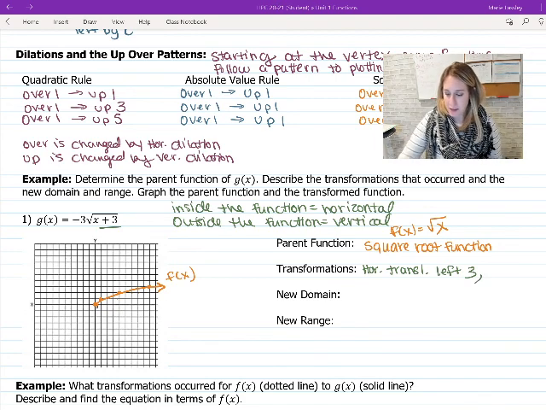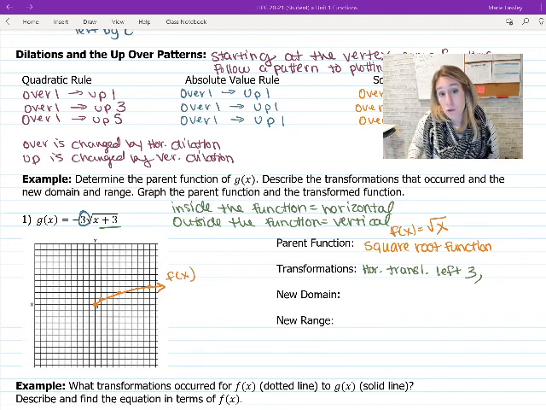Excellent. What else is happening? If I look at my function, I see that I have a 3 on the outside. I'm not looking at the negative yet. Since it's on the outside, I know it's a vertical transformation, and we are multiplying by 3, so that's going to be a dilation. Since my number is bigger than 0 and not a fraction, I know it's going to stretch my graph.